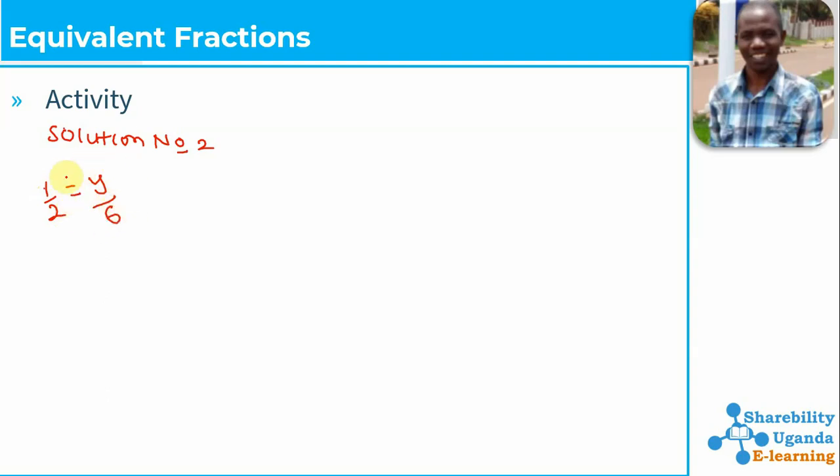This is the number that we want to solve. This is our part A of number 2. I want to solve and see 1 out of 2 is the same as y out of 6. How do we come up with this?